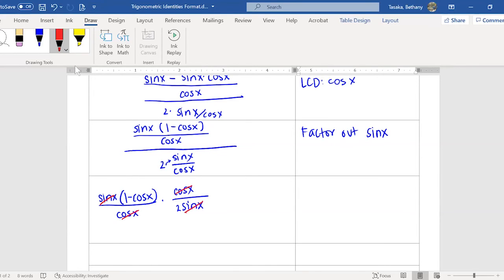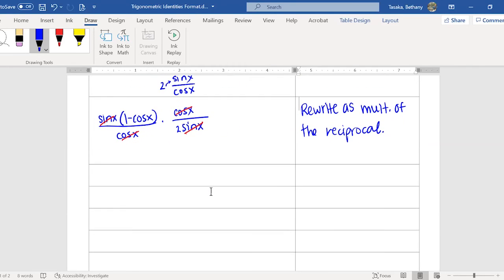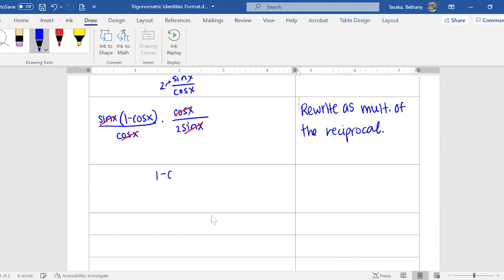Sine cancels with sine. And I should write my reasoning in here, right? This is just rewrite as multiplication of the reciprocal. But when we do that, let's look at what's left over, right? 1 minus cosine x divided by 2.